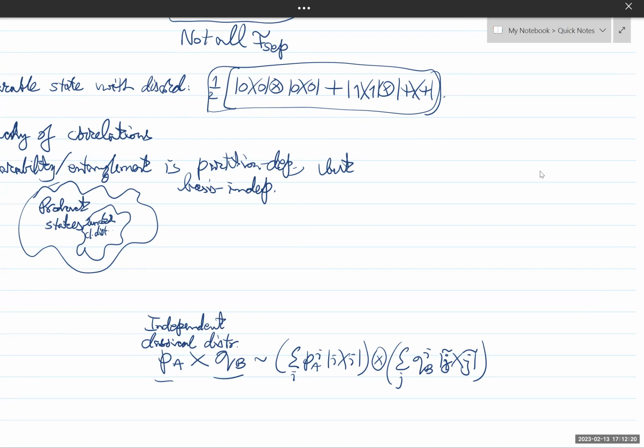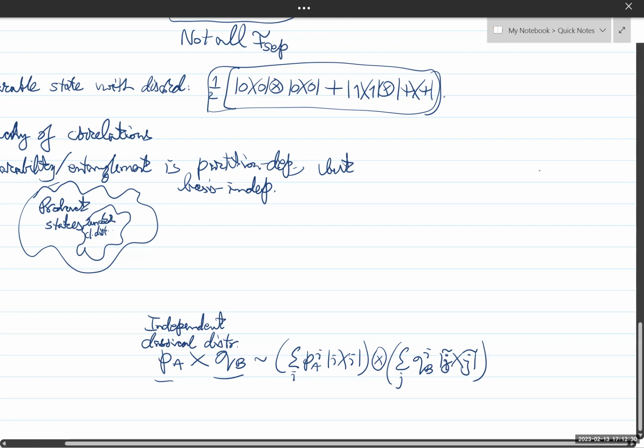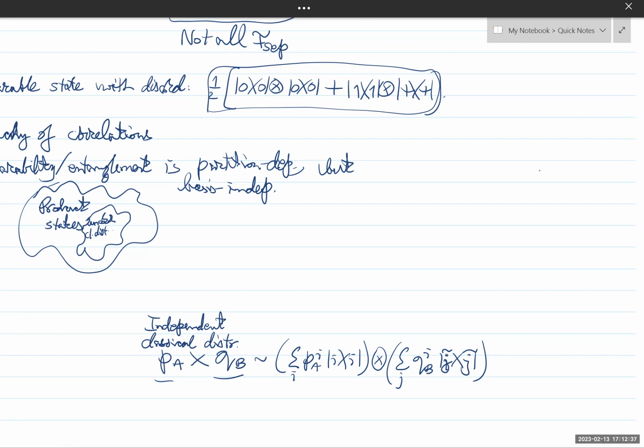But I'm still confused because the right-hand side just says a tensor product of a general density operator with another general density operator. So I don't see what product state is there that cannot be written like what is written on the right side of this equation.